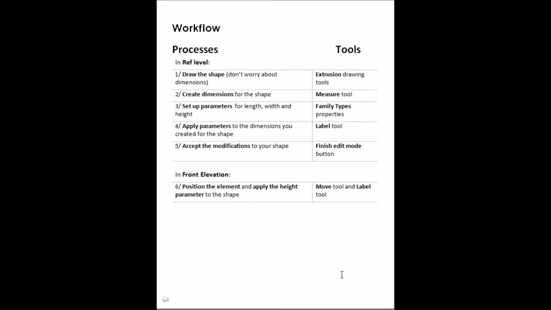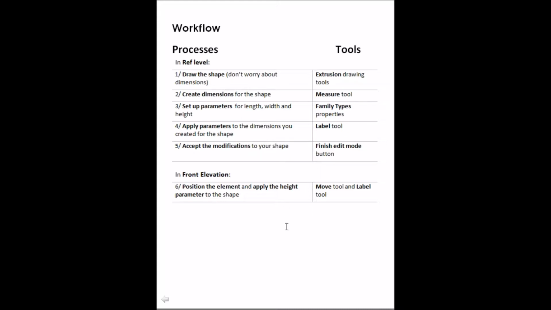We'll go through the same workflow process as we did before, which is in the reference level. We'll draw the shape using the extrusion drawing tools. We'll create dimensions for the shape using the measure tool, which is the align dimensions tool. We'll set up parameters for length, width and height in the Family Types Properties box.